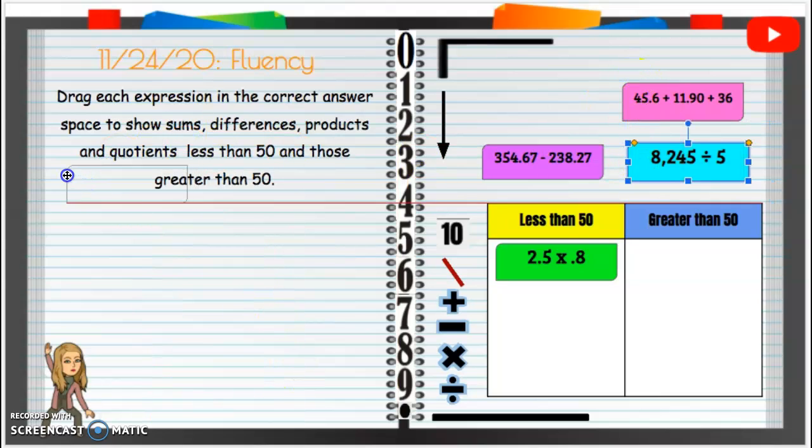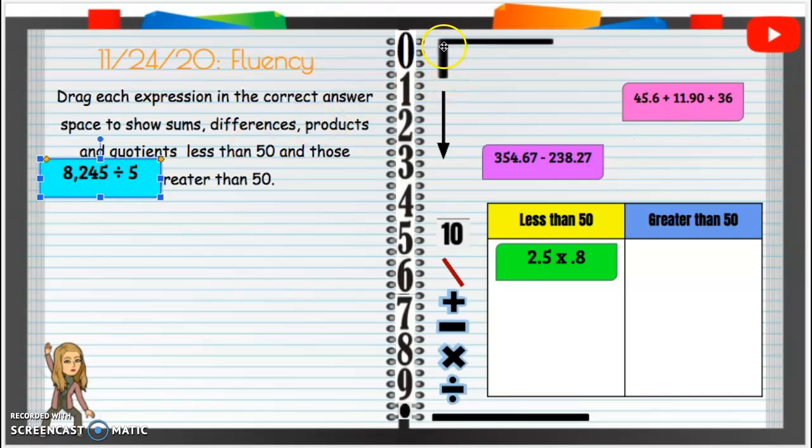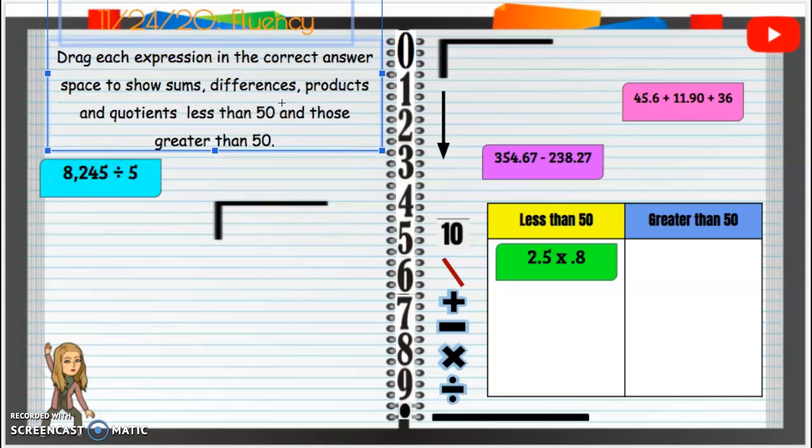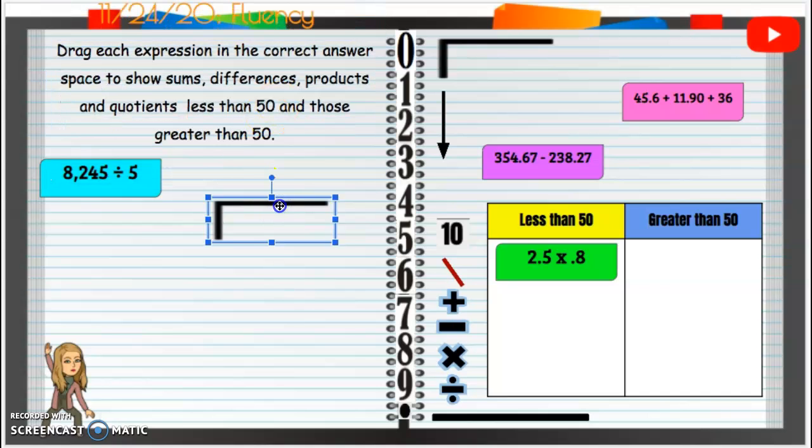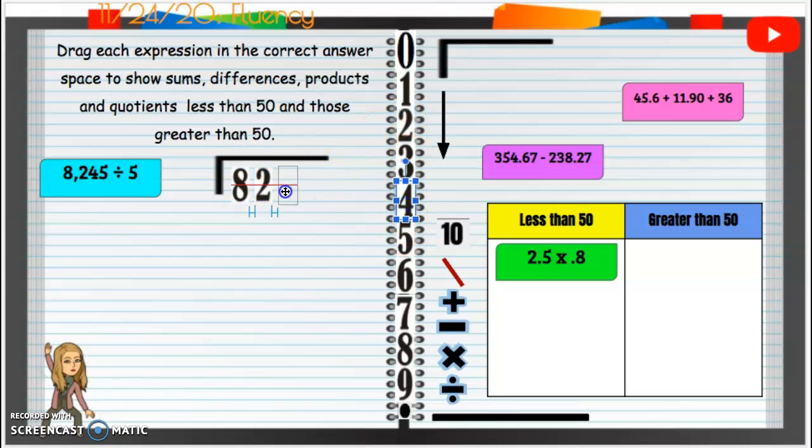Ooh, let's divide. All right, so when we divide, I'm going to move all these up so we have a little bit more room. There we go. We're going to divide 8,245, my bad, 8,245 divided by 5.